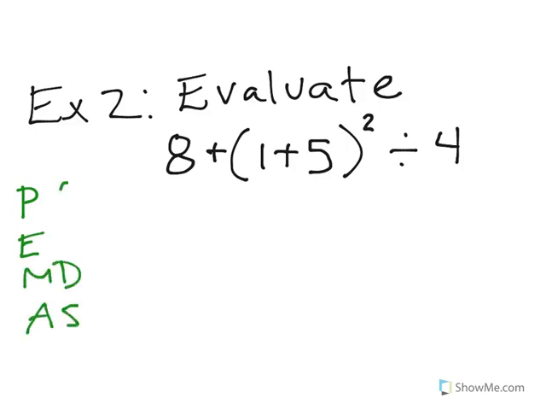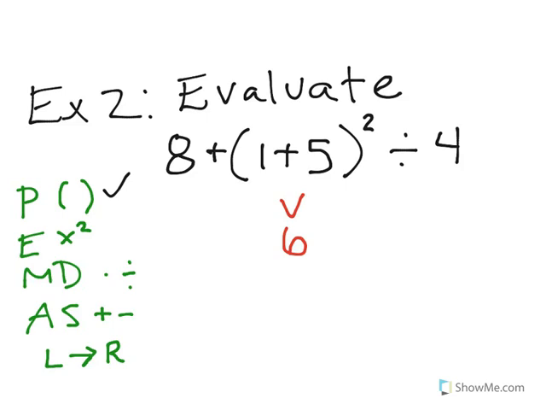Again, I remember parentheses and exponents, and then multiplication or division, and then addition and subtraction, and I'm going to work my way from left to right in relation to multiplication and division and addition and subtraction. Okay. So, parentheses come first. So do I have parentheses? Yes, I do. So I'm going to solve what's inside my parentheses. I'm going to say 1 plus 5 is 6.